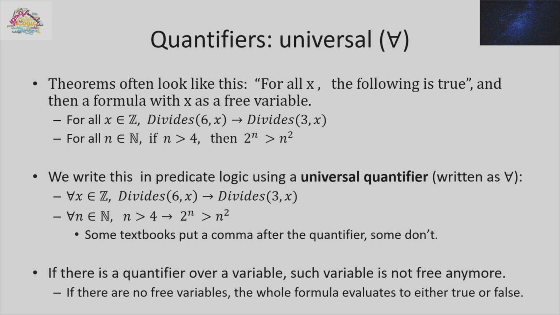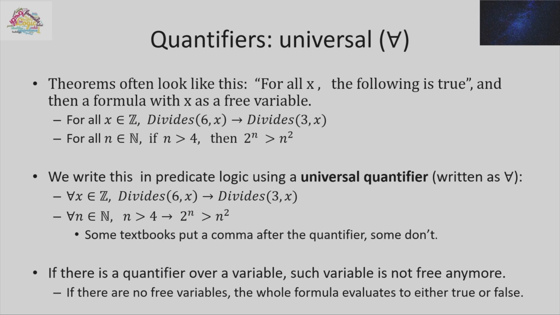So for example, the first quantifier that we encounter is the universal quantifier, which we write as this upside down A, and usually we will read it as for all. So for all x that are integers, if 6 divides x, then 3 divides x. For all n that are natural numbers, if n is greater than 4, then 2 to the n is greater than n squared.